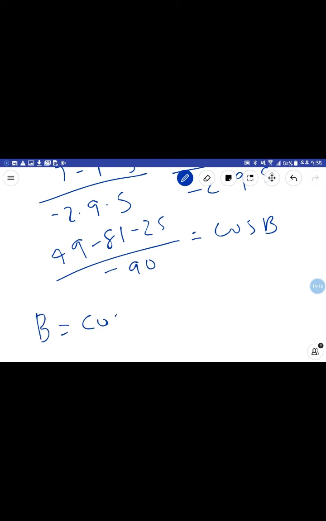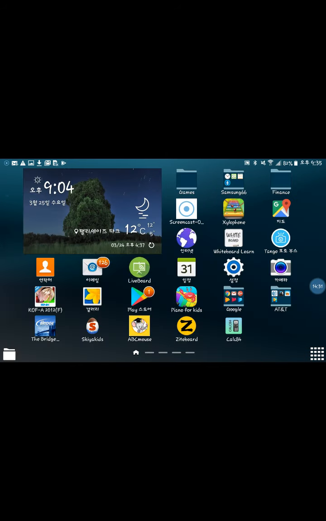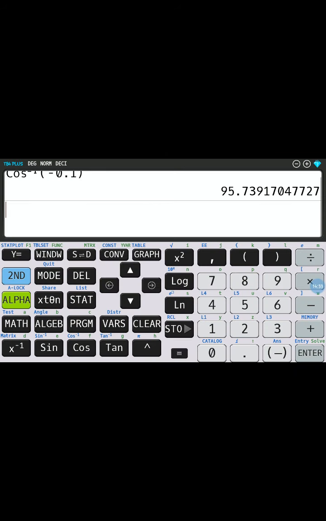Arc cosine 49 minus 81 minus 25. That's negative 57 over negative 90. Just put it like this. Let's go back to our calculator. Okay, so arc cosine 57 over 90.